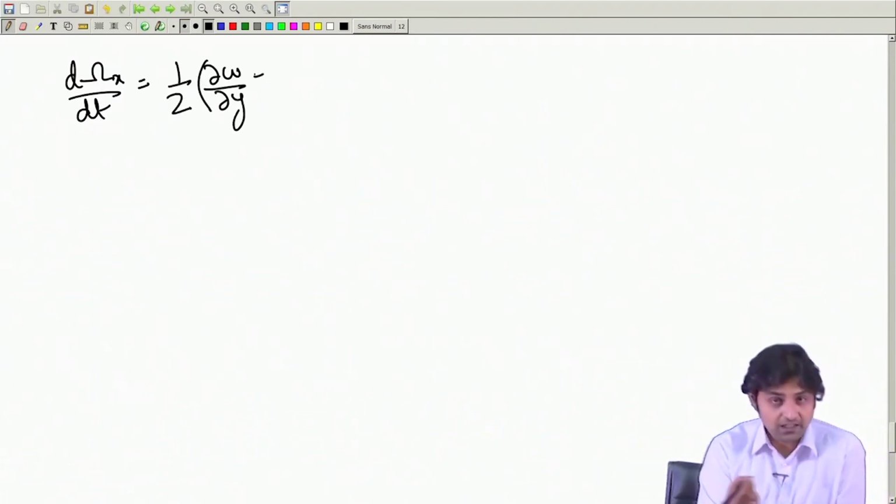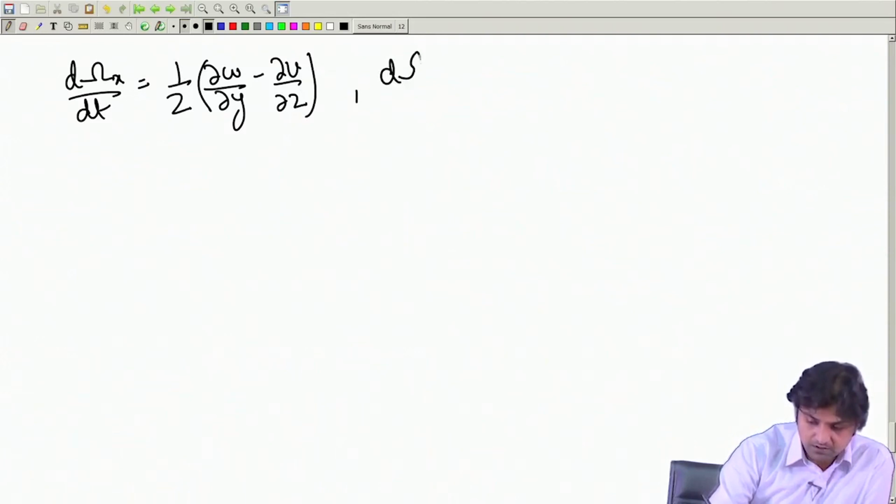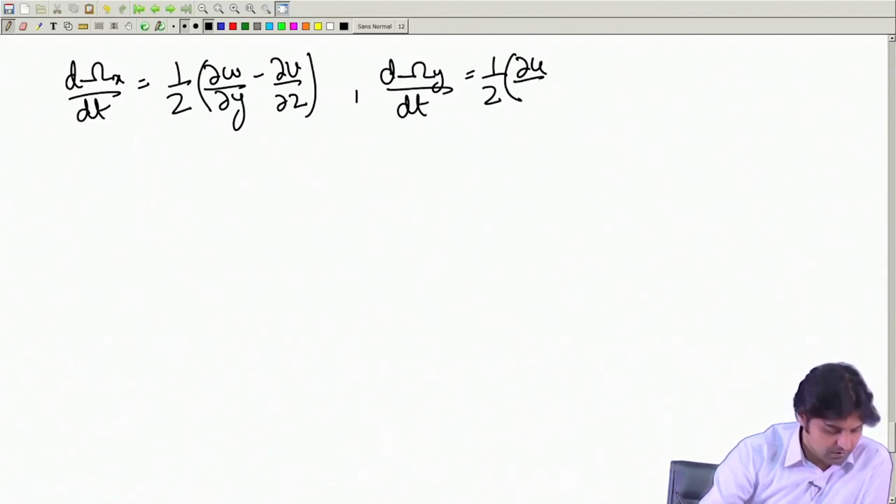So we have found out for z, same way we can find out for x: del w by del y minus del v by del z, and d sigma y by dt is half del u by del z minus del w by del x.